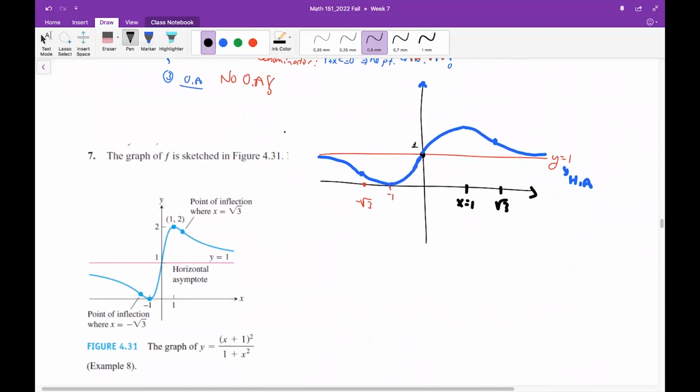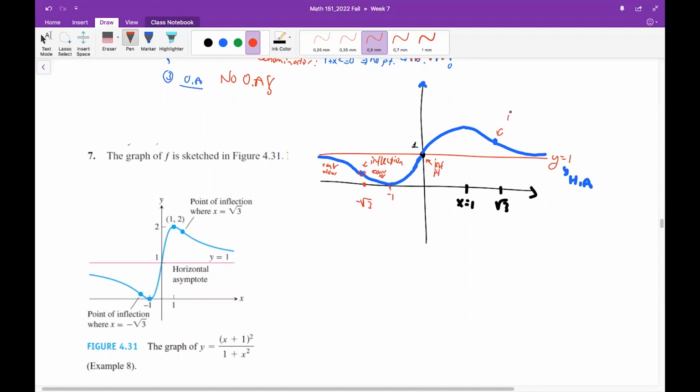And from the graph, we can see that this point is the point of inflection. Why? Because concavity is changing there. This is a concave down graph, and after this point, it becomes concave up.